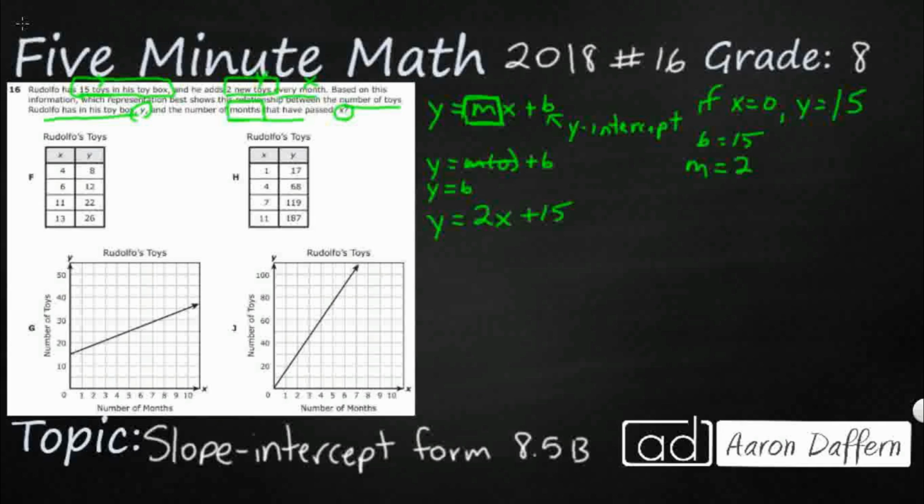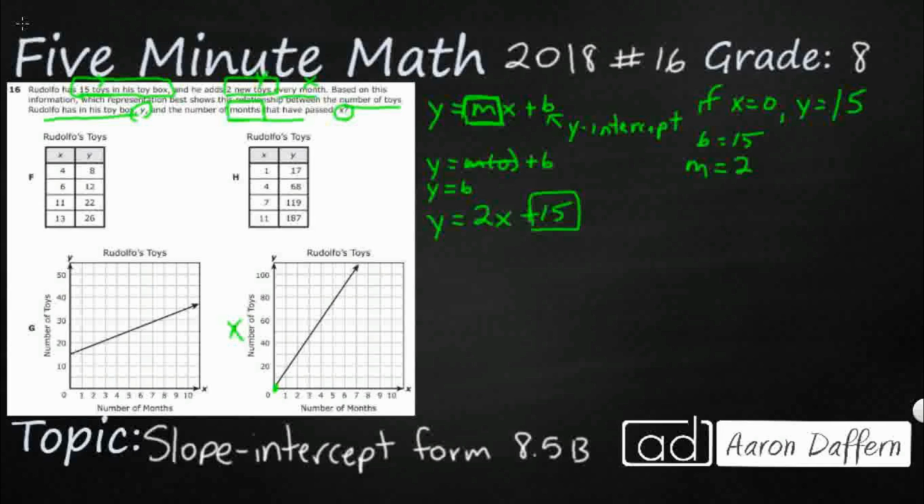So there's our equation. Now how do we get that to work on the tables or graphs? Well, since you've got a y-intercept, that means it's non-proportional. So let's go ahead and get rid of J right there, because that goes through the origin. Let's see what happens.